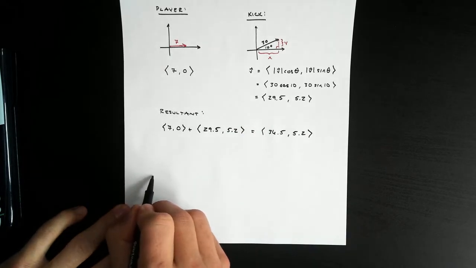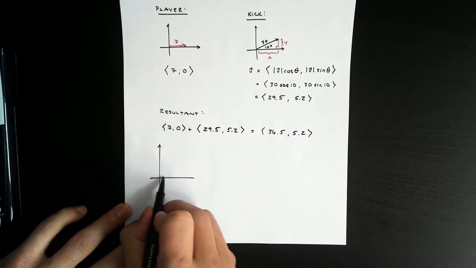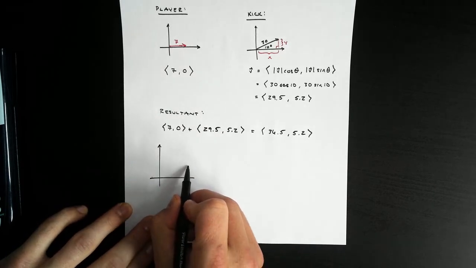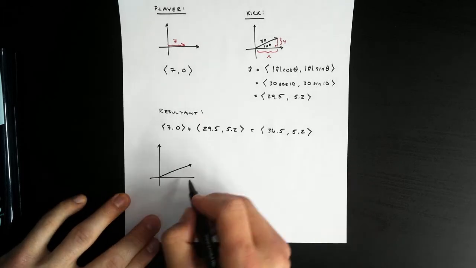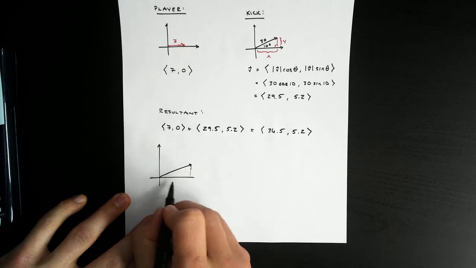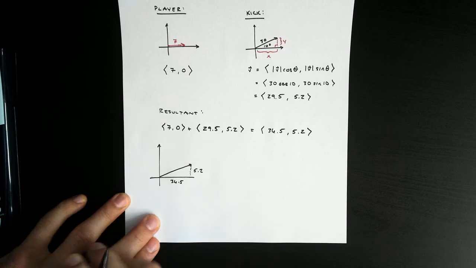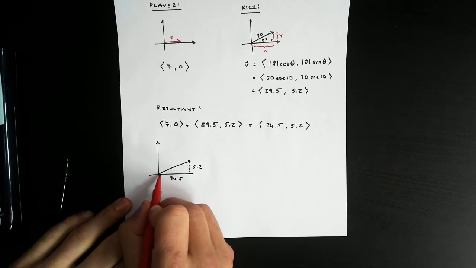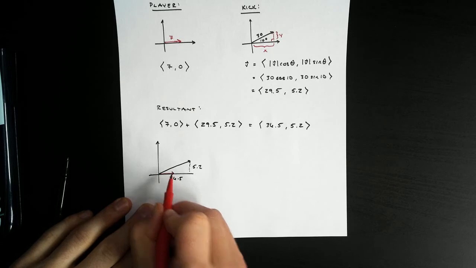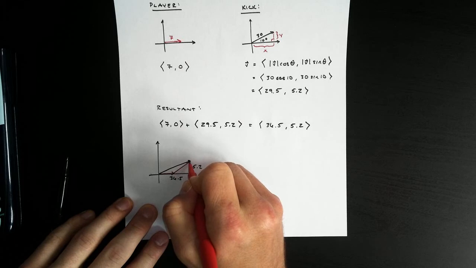Now if I sketch that out, just to relate it back to our original two vectors, so 36.5 in the x and 5.2 in the y, again, what it looks like doesn't necessarily matter. Where we could get that from is if we think about our other two vectors, we go 7 here, and then 30 at an angle of 10.